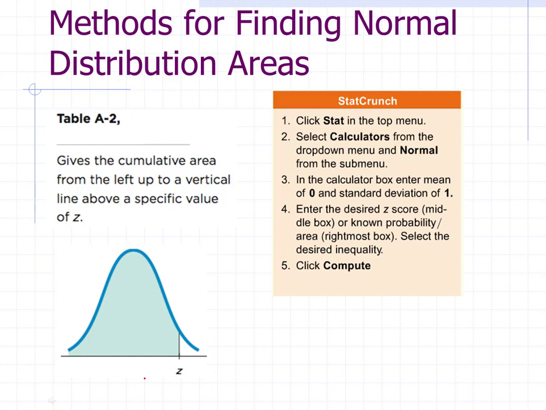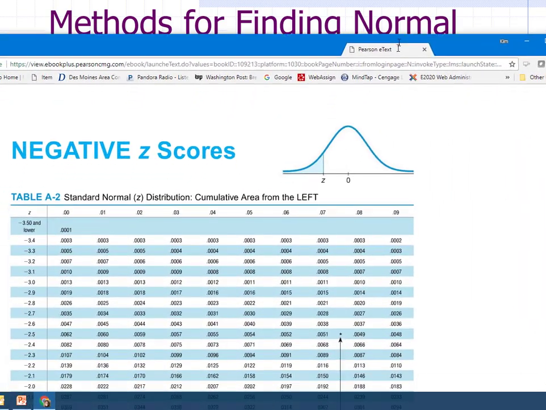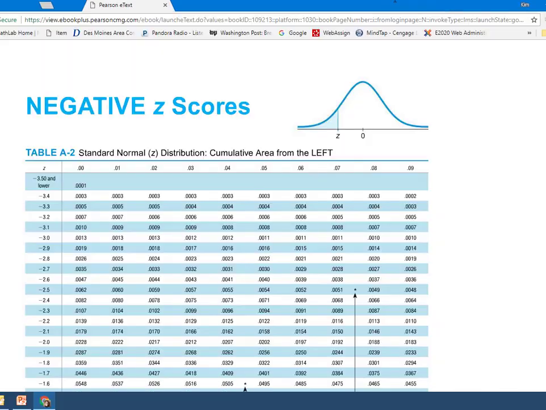until computers became widely used, and now we have software that helps us out, and we're going to be doing most of this in StatCrunch. But what happens in our tables is they give us the area to the left of our score. So I'm just going to pull this over so you can see it.